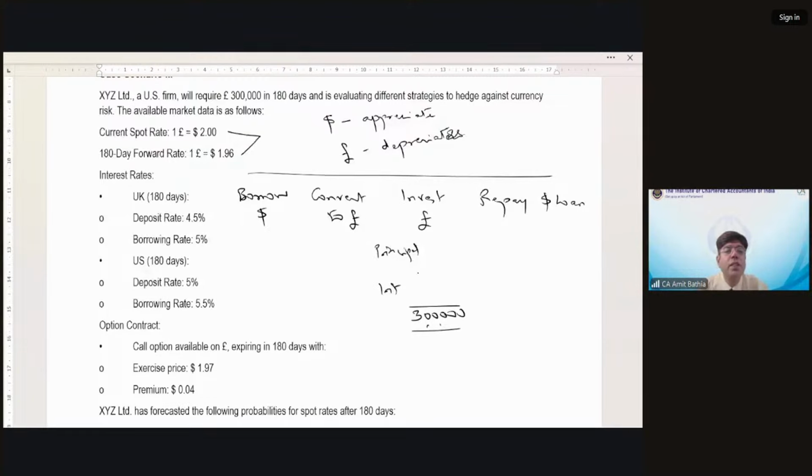Now in investments, UK is paying me 4.5% interest, right? Remember, this is for 180 days only. So I will have to take half year basically, right? For 180 days.